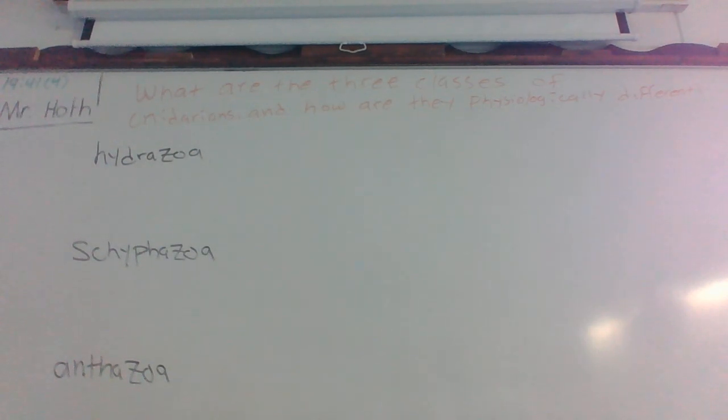They produce venom. Okay, so they have nematocysts in their tentacles, and then cnidocytes in those structures, the nematocysts inside the tentacles.